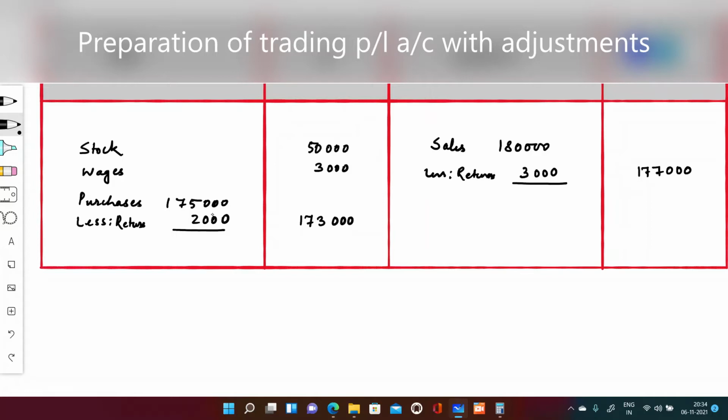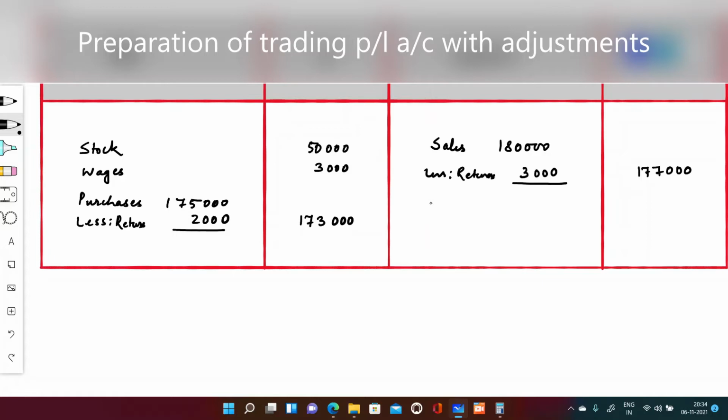After that we have sundry debtors, which will go on your asset side. Then discount allowed will also go under your PL. Okay, so no more expenses are to be recorded in the trading account.